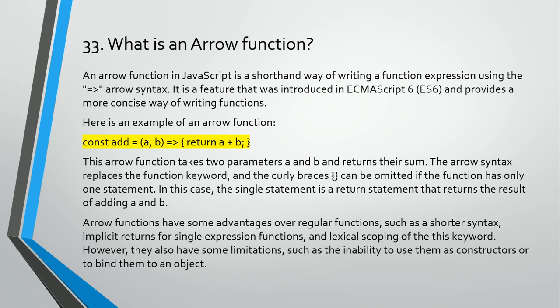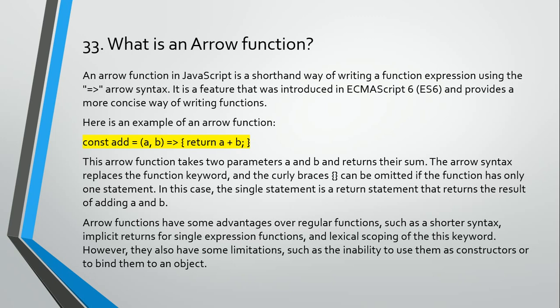Here the parameters passed are a and b, and then we return something from these parameters by doing something with them: we add up these two, a and b, which are passed to this arrow function through arguments. So it returns what? The summation of these two passed values. So look, this arrow function takes two parameters a and b and returns their sum.